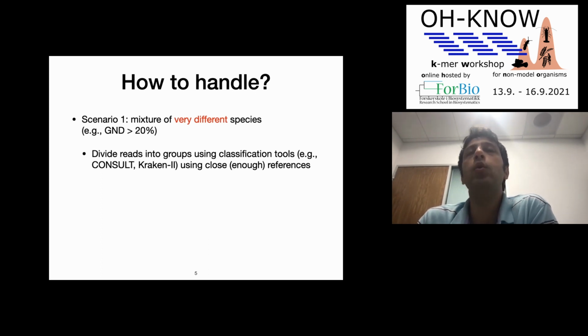And there are many tools that are probably sufficient. This is not something we have yet tested in detail, but I'm guessing that most of these taxonomic classification tools can distinguish things that are that far apart easily.